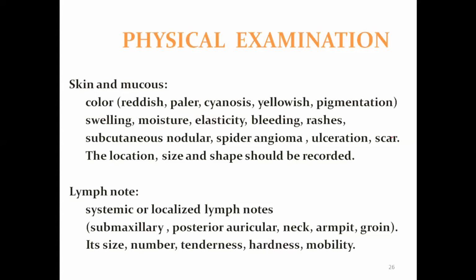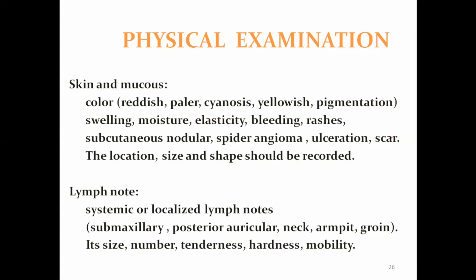Subcutaneous nodules will give you information about infections, malignancies, and so on. Cyanosis of the skin can tell you about respiratory or cardiac problems. And if the patient is yellowish or paler, it can give you information about some fever, sometimes anemia. Some kind of pigmentation will also be a clue to some diseases, right?